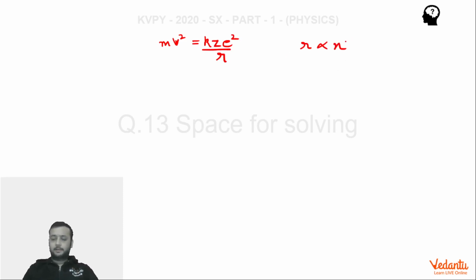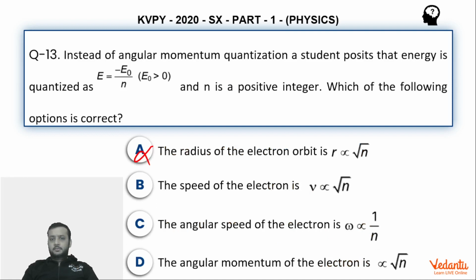That means v is proportional to 1 by root n, because if you put r as a constant into n here, v will be proportional to 1 by root n. So this is also wrong.